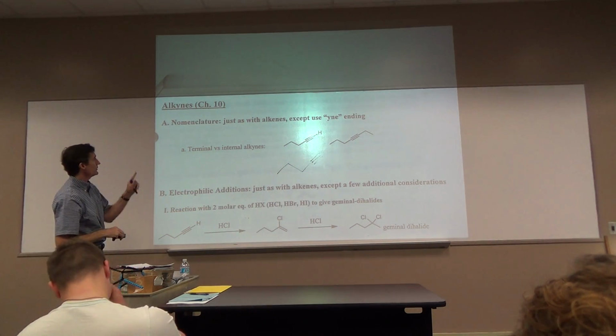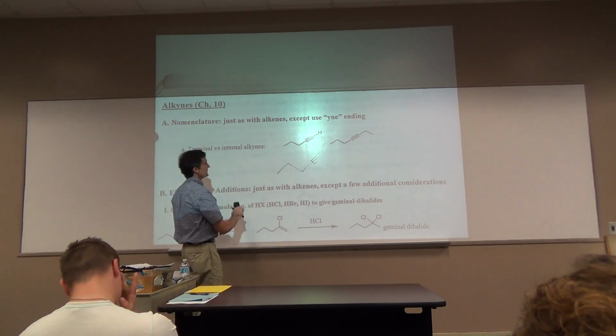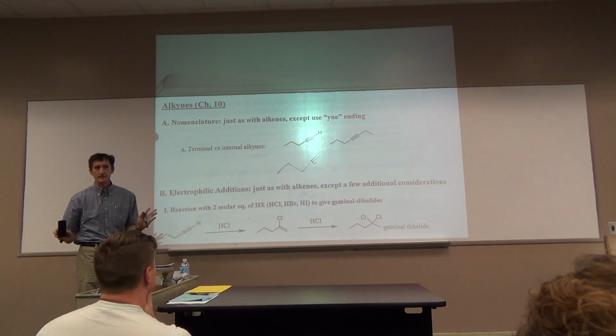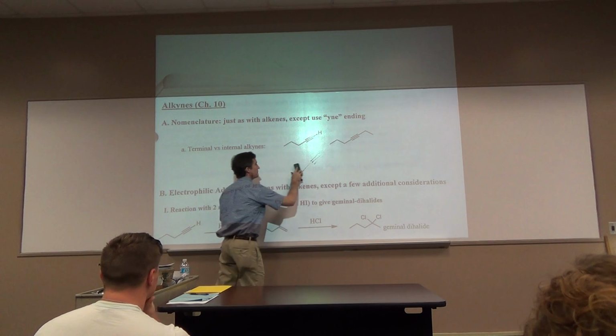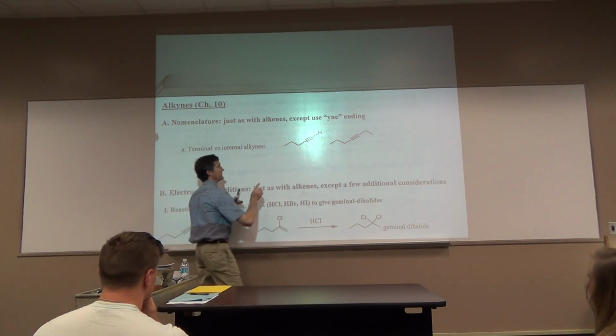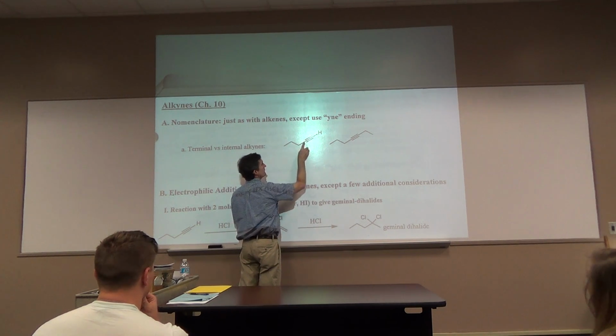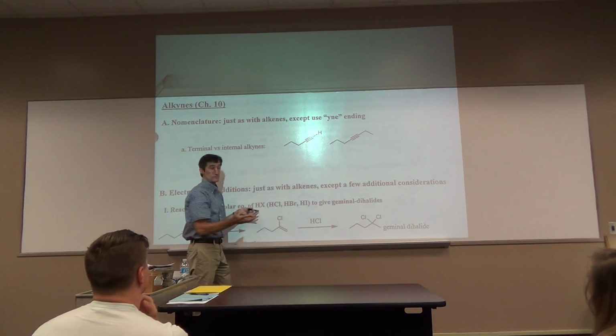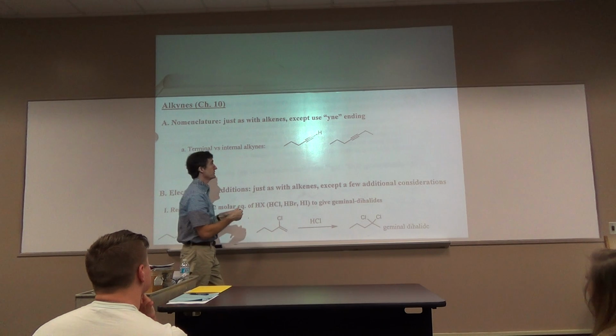Nomenclature. Just like with alkanes and alkenes, it's all going to be similar as you go through organic 1 and 2. Longest continuous chain. What do we got here? 1, 2, 3, 4, 5. It's only one chain. It's 5. So it's what?